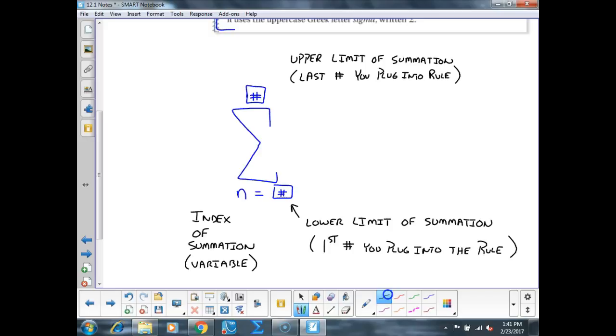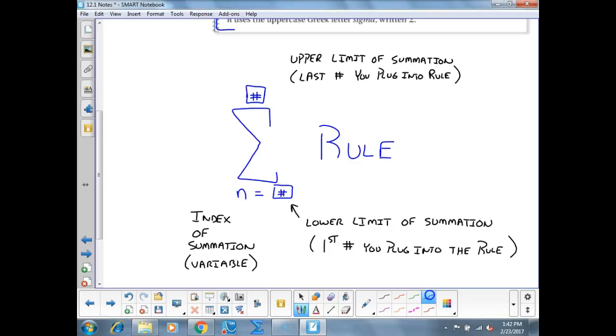So you start at this bottom number and you plug in every integer until you get to the top number into your rule. And then you add them all up. And then out here is the rule.